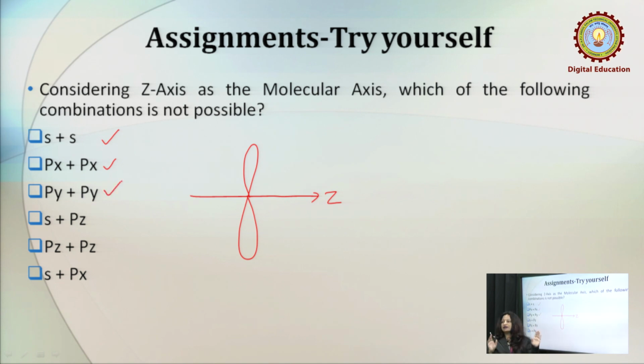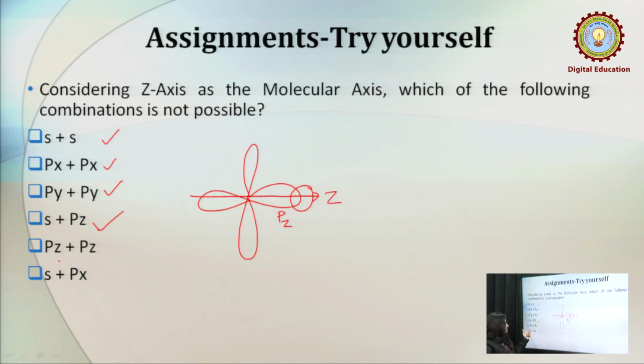Because this is also a sidewise or lateral overlapping of atomic orbitals. Then S plus Pz possible or not possible? Yes, it is possible. Why? Because it has already been mentioned in the question that z axis is the molecular axis. So, here you can see that Pz and S combination is very much possible, right?